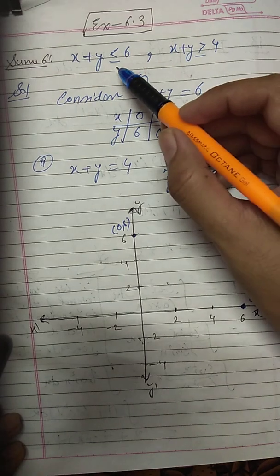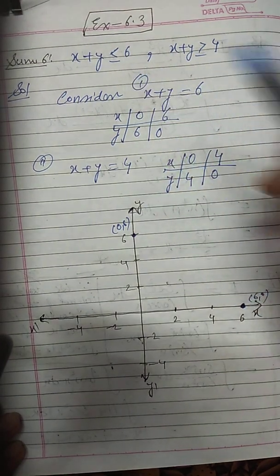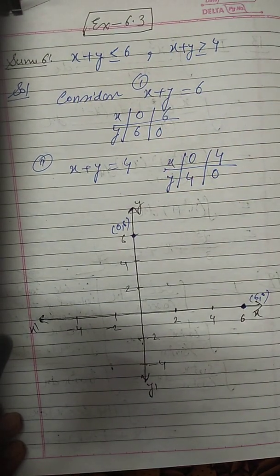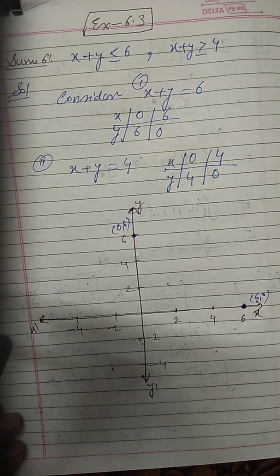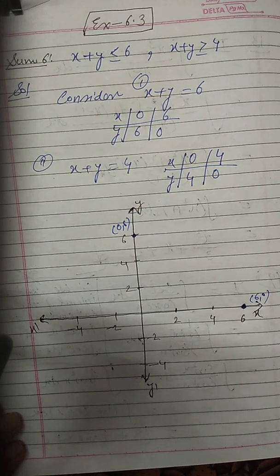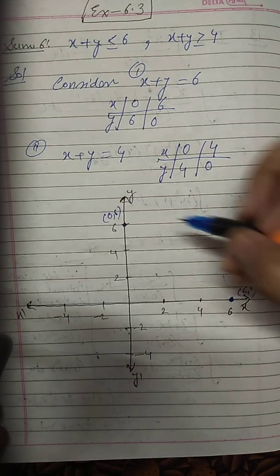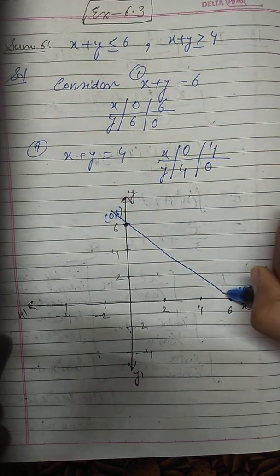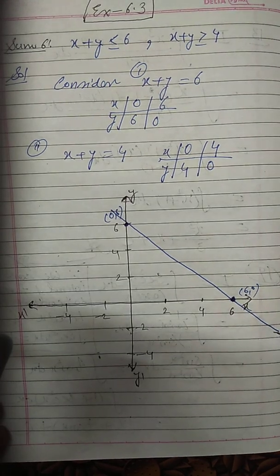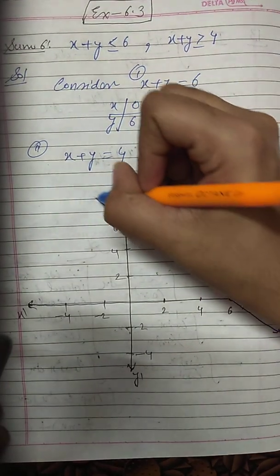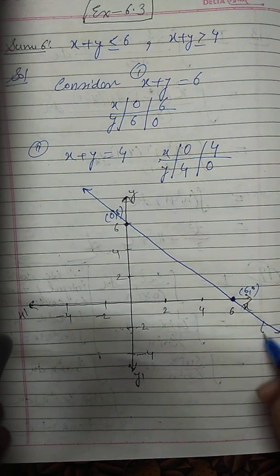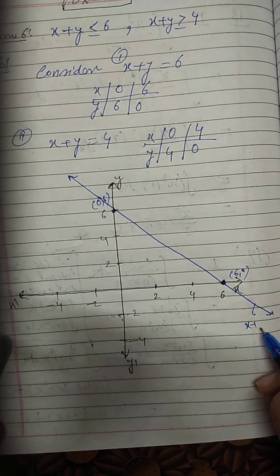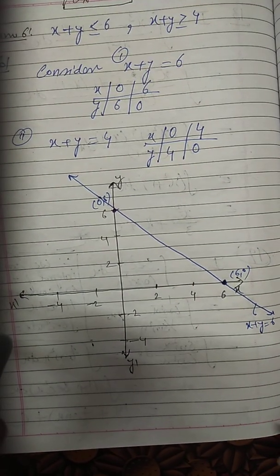The given inequality is a slack inequality, that means the points lying on the line will also be part of the solution. So we will have a solid line joining these 2 points. We will draw the line passing through these 2 points, and this line is x plus y equals 6.